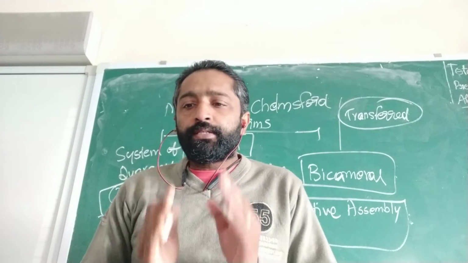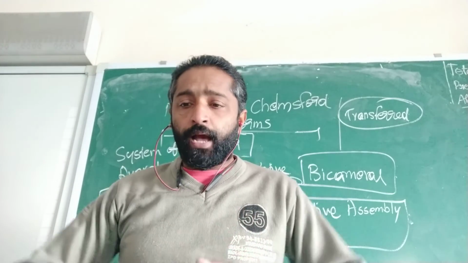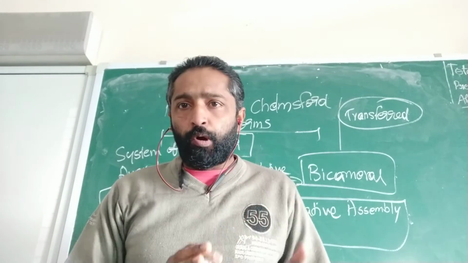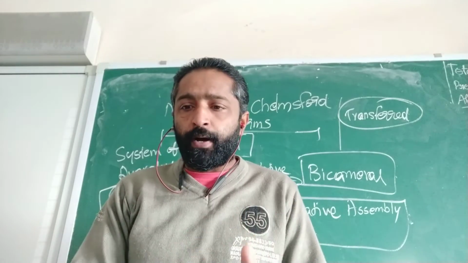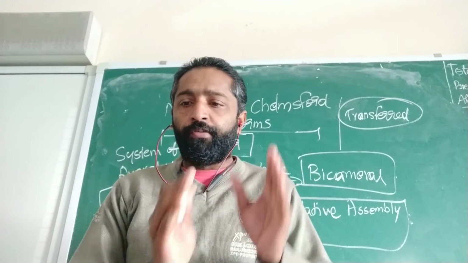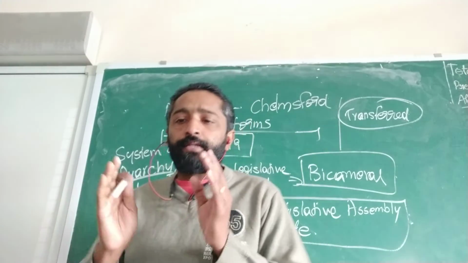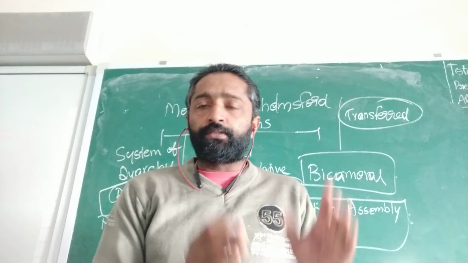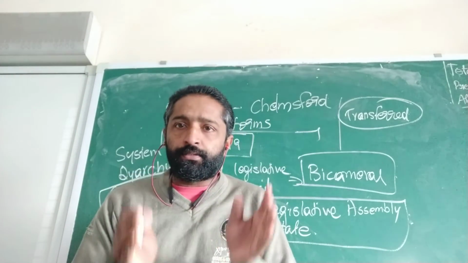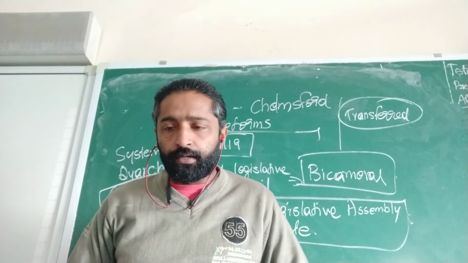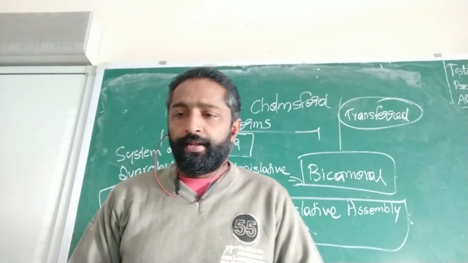The reserved subjects include finance, police, and all the important topics, and those subjects will be under the control of the governor and his council. The transferred subjects, like education, public health, will be under the control of the ministers of the legislature.